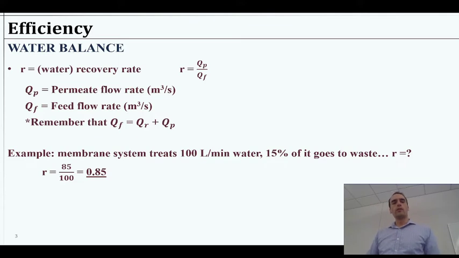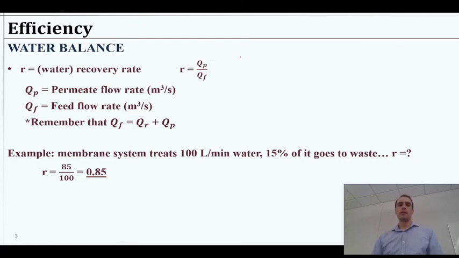So the lowercase r for water recovery rate is simply how much water we are recovering. We feed our membrane a whole bunch of water, and then some of it gets rejected and goes to waste, and some of it is produced as clean water. So we're looking at the ratio of produced clean water compared to how much we fed it in total, right?